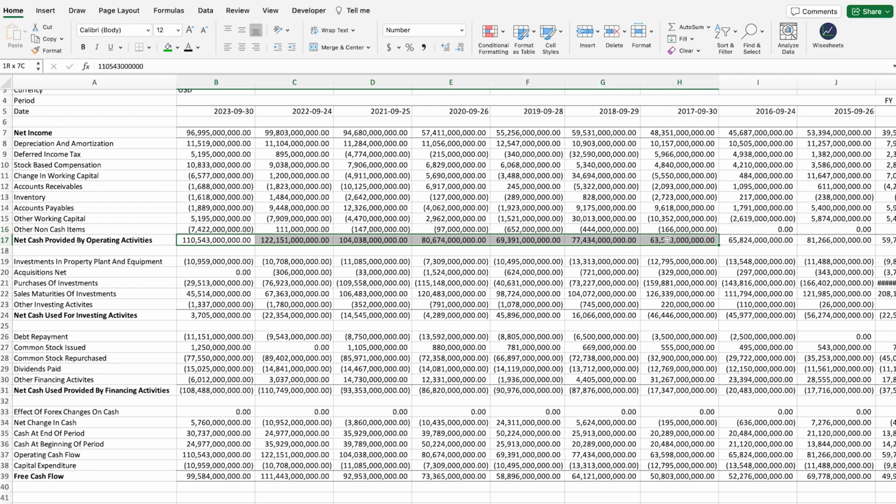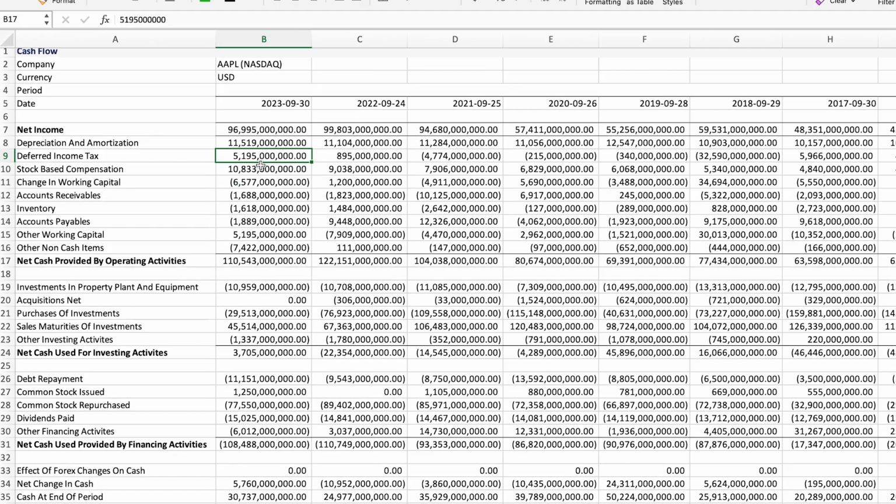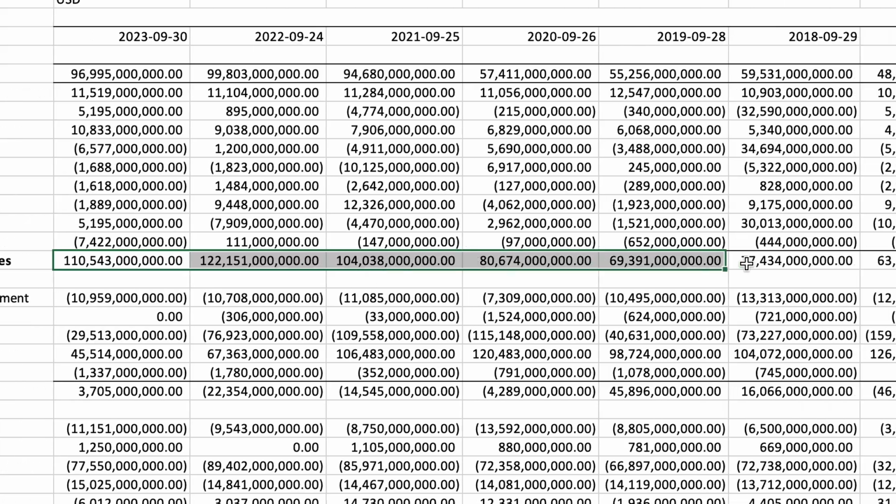This means that the company is able to run its operations smoothly and generate a good amount of cash just from those operations alone. If the company has a long history of negative cash flow in this area right here, it usually means they're not an established company. Maybe they're losing money potentially, and typically you see this in startups and companies that are investing a lot of money into growth that is resulting in actual losses of cash flow in this particular area.